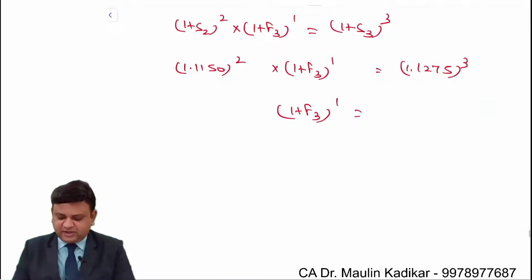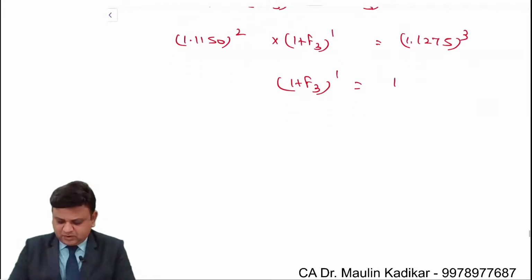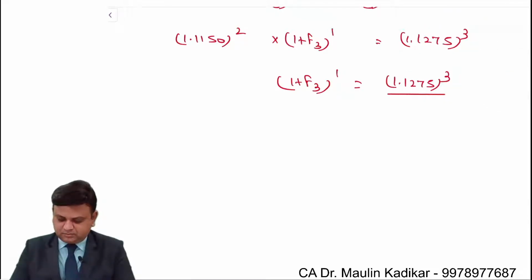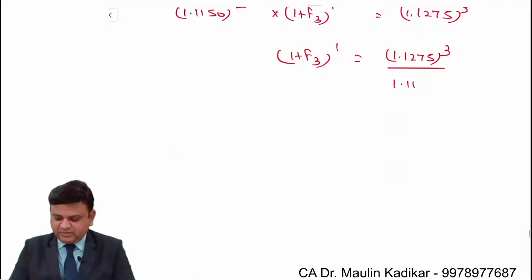1 plus F3 raised to 1 is equal to 1.1275 raised to 3 divided by 1.1150 raised to 2.